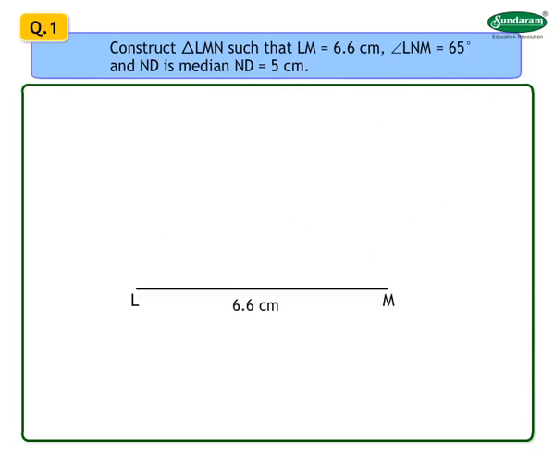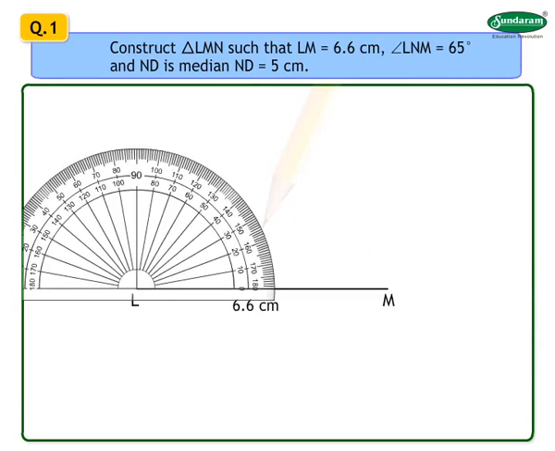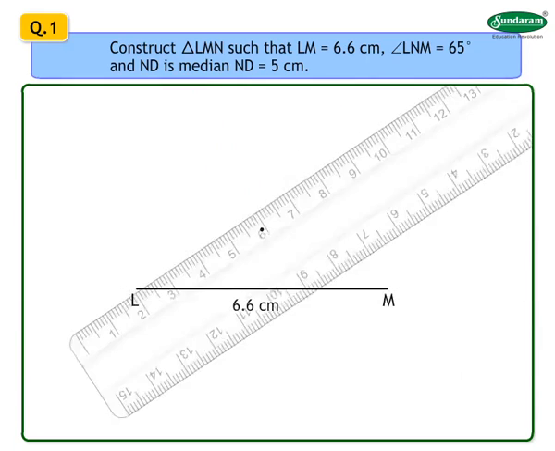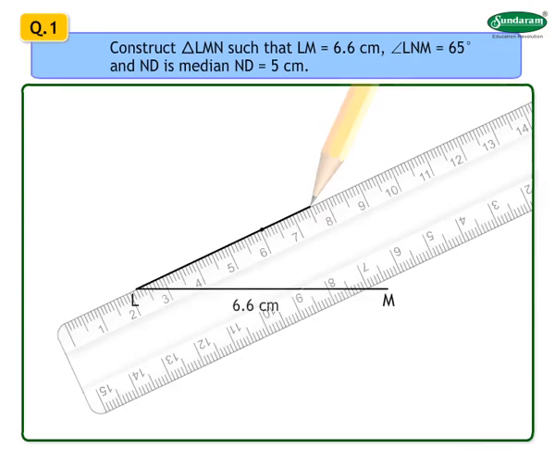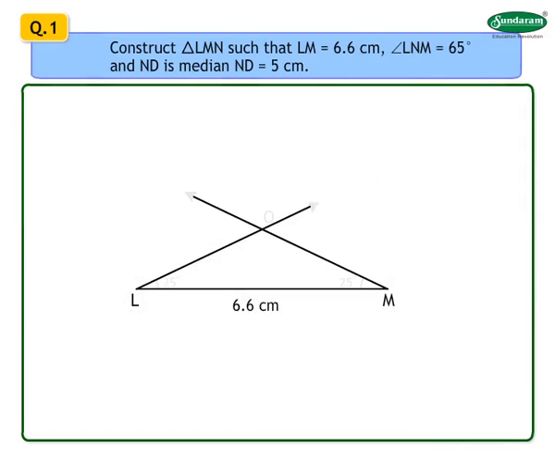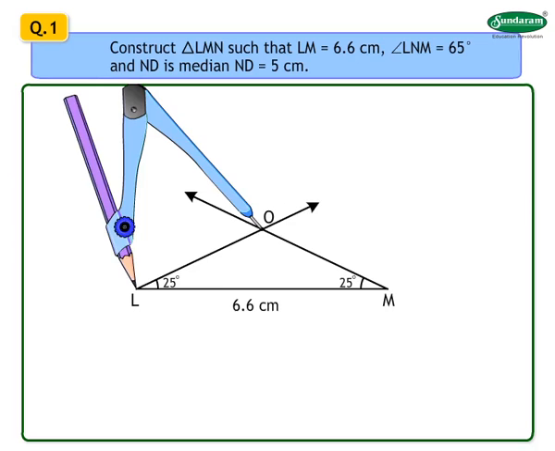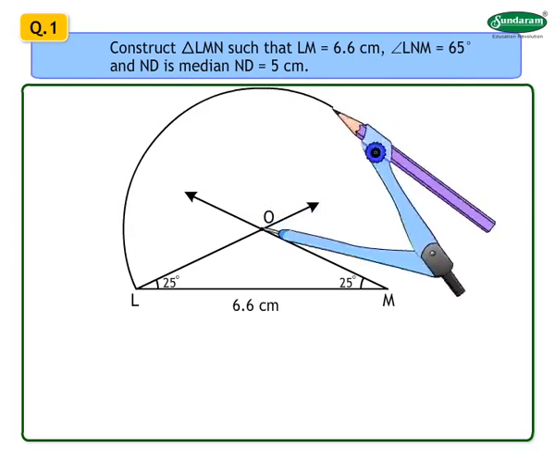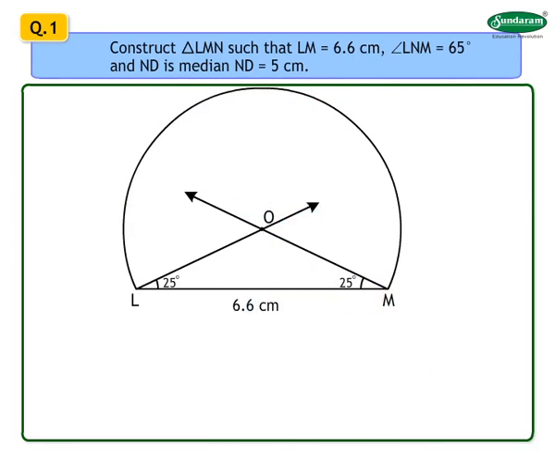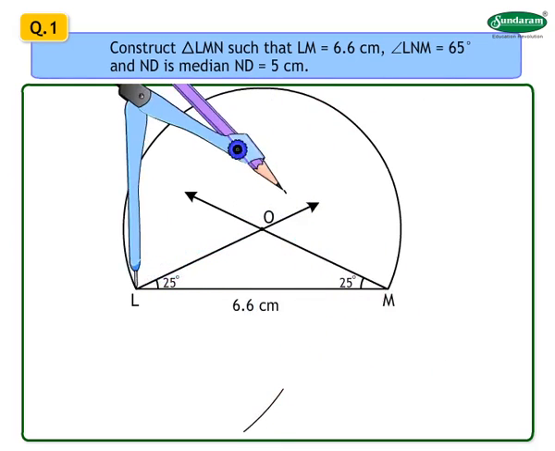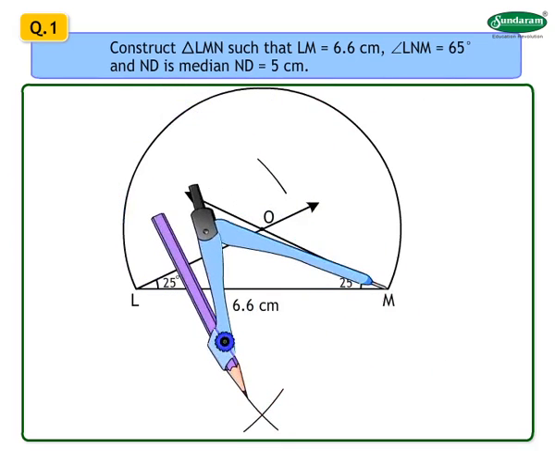Now let's look at the construction. Draw segment LM of length 6.6 centimeters. At the endpoints of segment LM, draw angle of 25 degrees. Let the intersection of arms of angle be O. Now, take O as the center and OL as radius. Draw an arc to the center side of the circle.